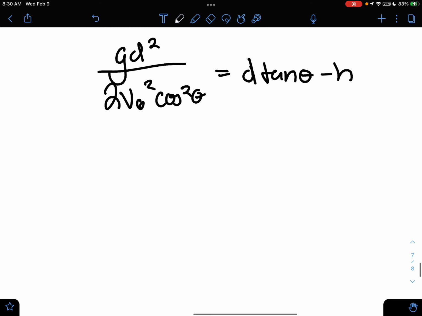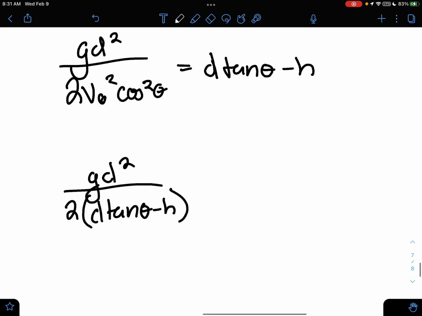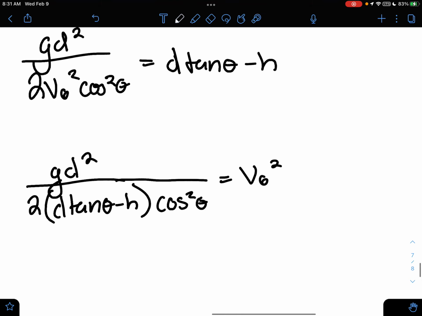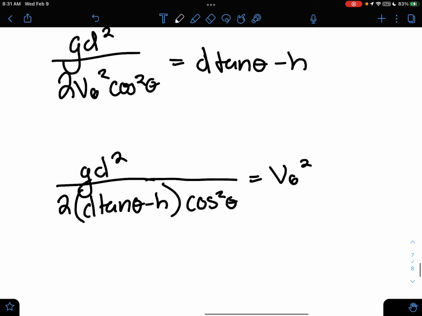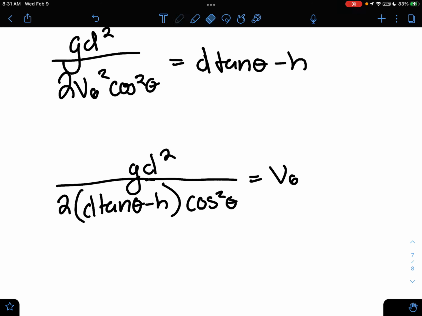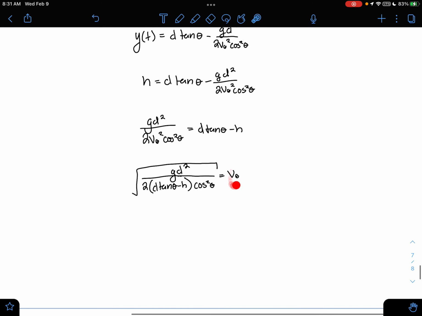So it gives us g d squared over 2 times d tan theta minus h times cosine squared theta, and that equals v naught squared, and we take the square root of both sides.